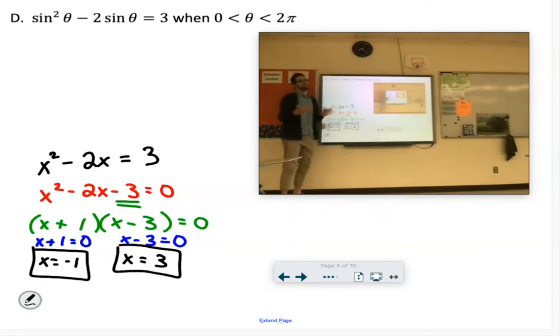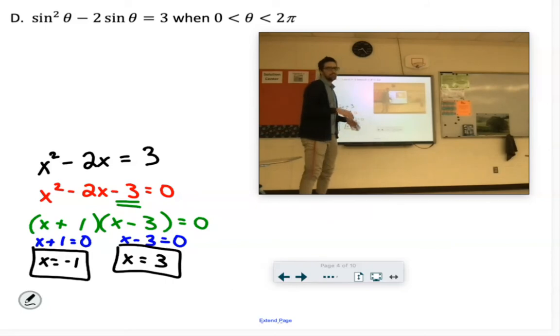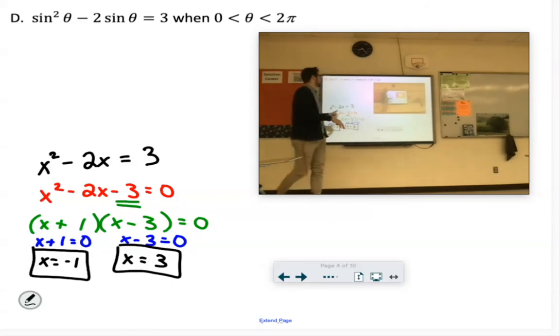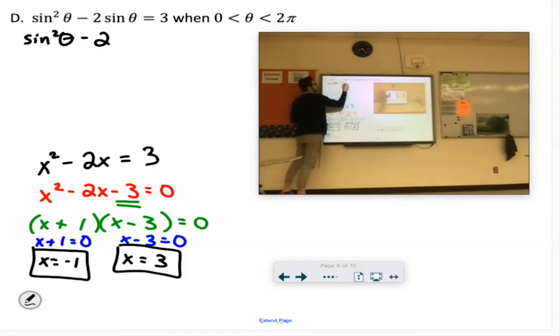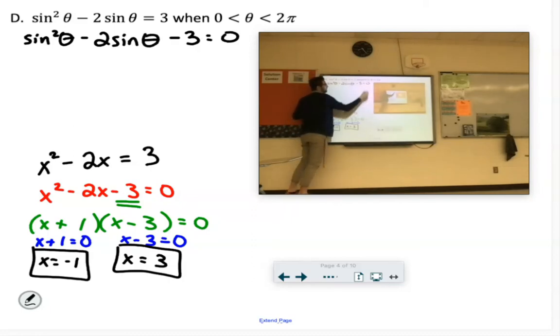Now, just like before when we substituted in x for stuff, there's a little more to do. But that's the same first step, same all steps, really. We would subtract the 3 first. And then we would factor. Same factors. It'd be minus 3 and plus 1.